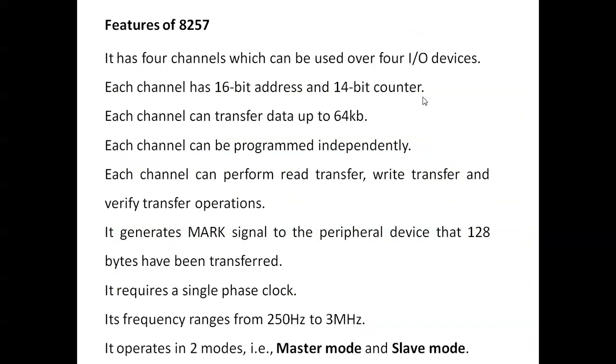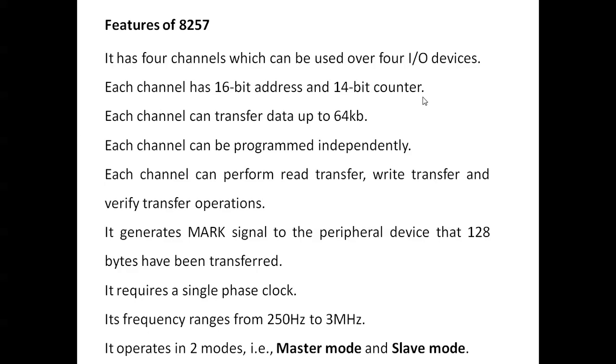So what are the features of the 8257? There are 4 channels available for input output devices. Each channel has a 16-bit address and a 14-bit counter. Each channel can transfer data up to 64 kbps, and each channel is programmed independently.